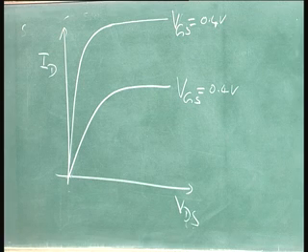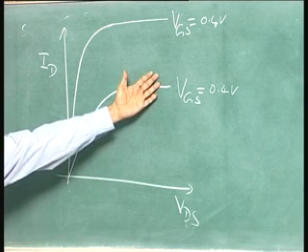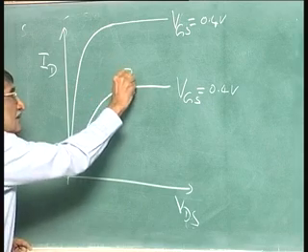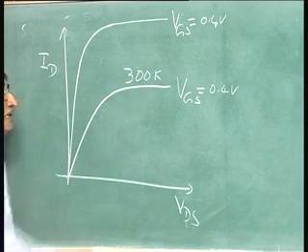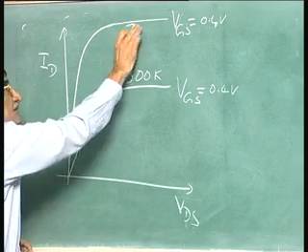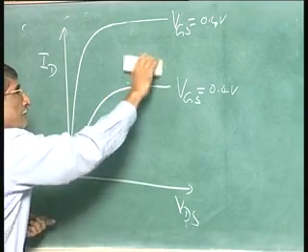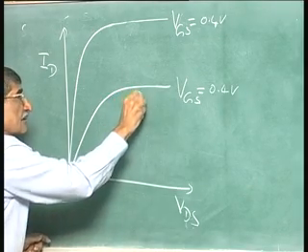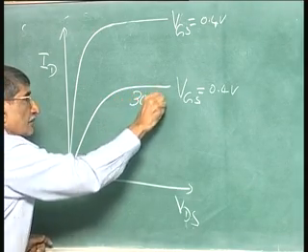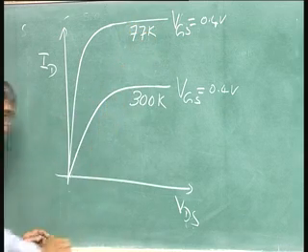What I mean is VGS minus V threshold, whatever it is, some value I am putting arbitrarily. This is at 300 degrees Kelvin, and this is at 77 degrees Kelvin.